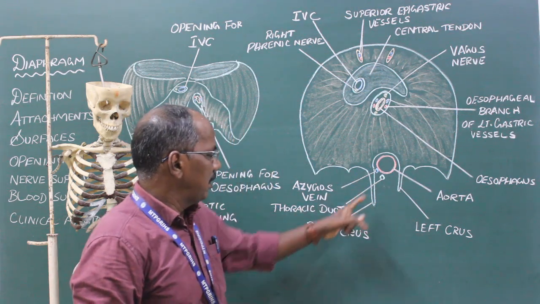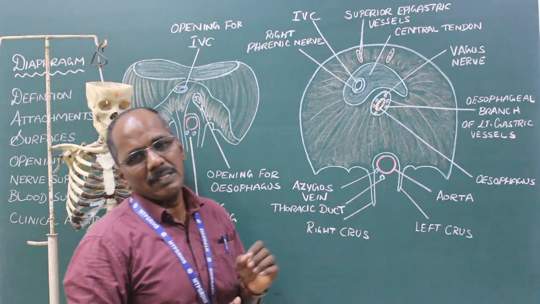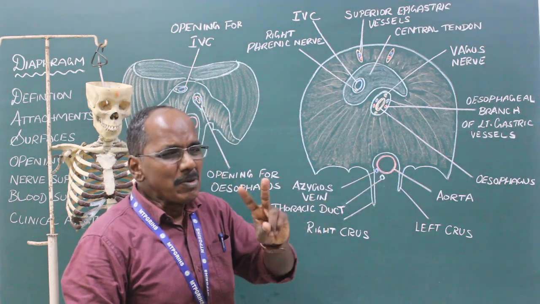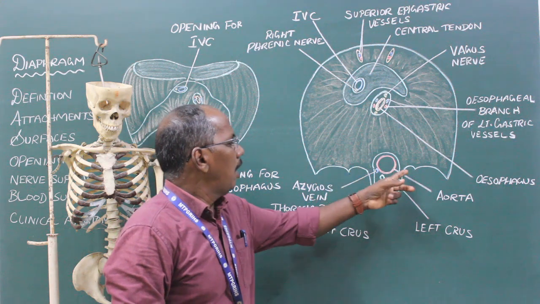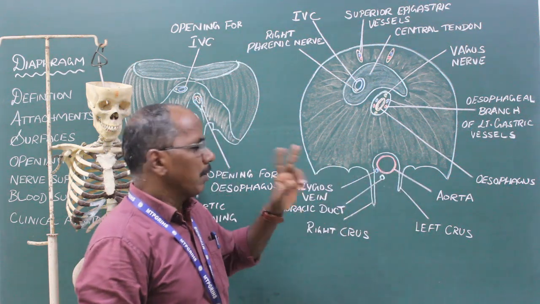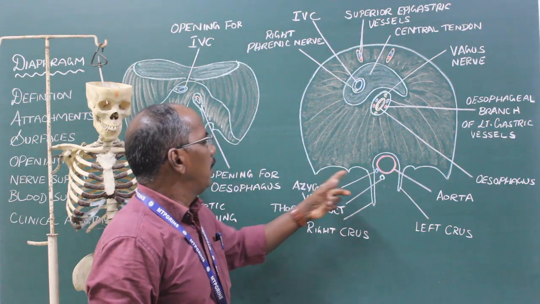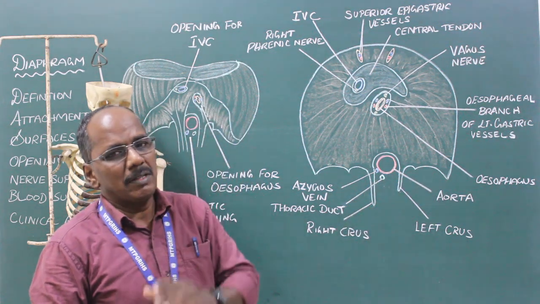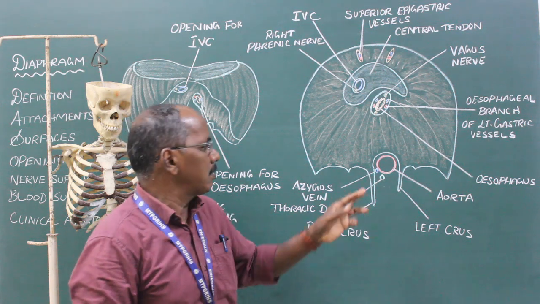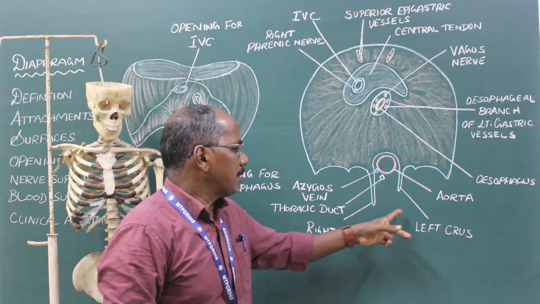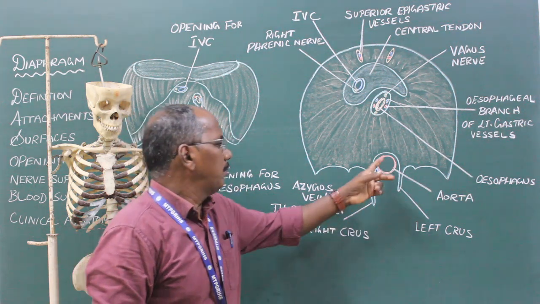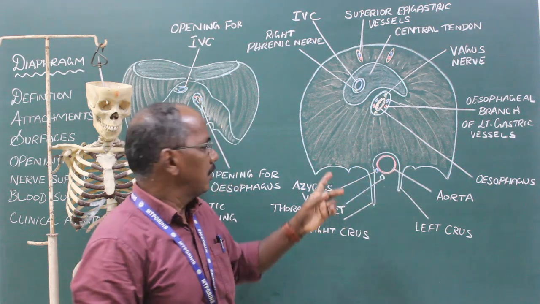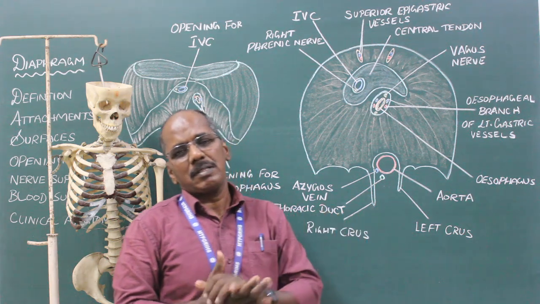The vertebral part has five origins: right crus, left crus, median arcuate ligament, two medial arcuate ligaments, two lateral arcuate ligaments.